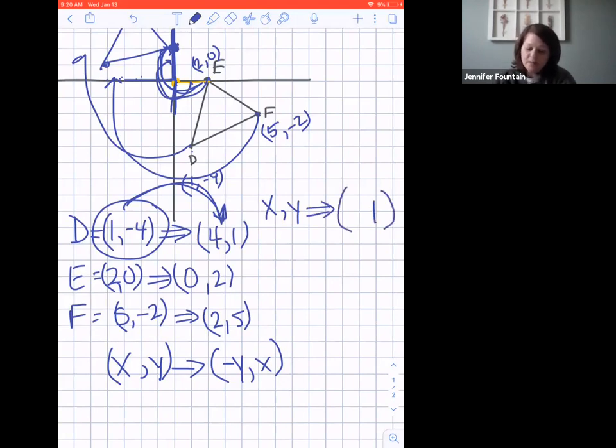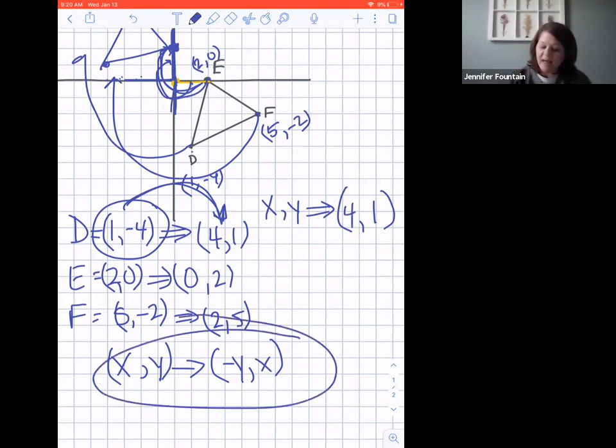It became my y value this time. -4 was my original y, and it became a +4. So it's following this same pattern, where if I started with 1, -4, I take the opposite of -4 and put it here. So it becomes positive, and whatever was x ends up in my second location.